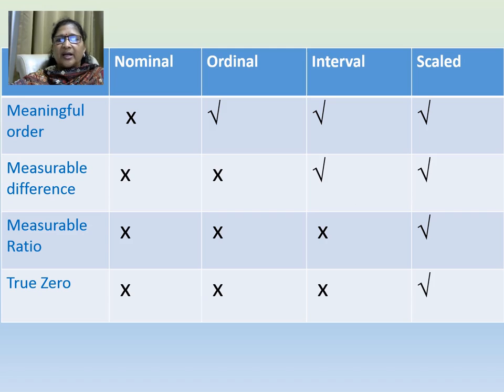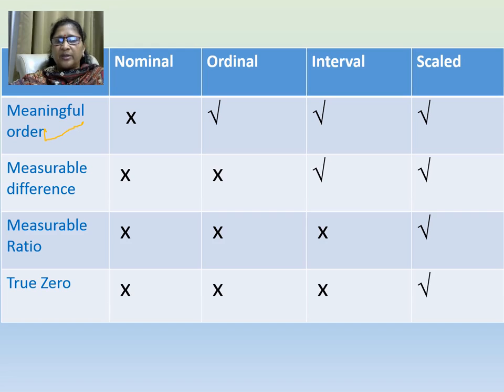This is another simple table which gives you the same comparison with respect to a meaningful order. Nominal does not have a meaningful order, whereas ordinal, interval and ratio scaled attributes have a meaningful order.